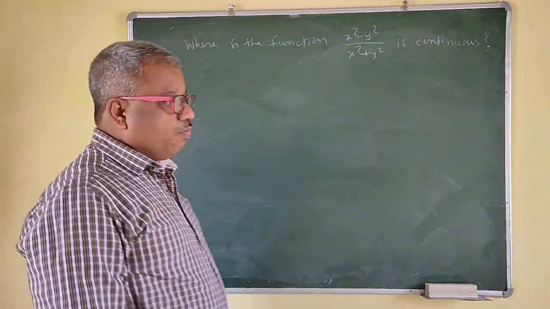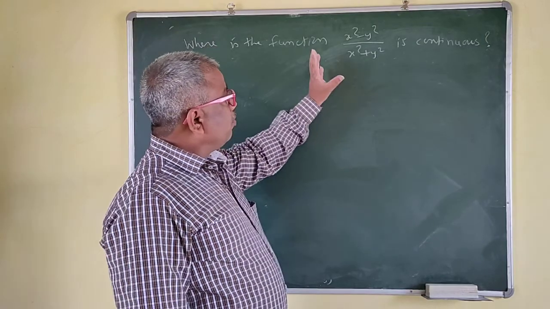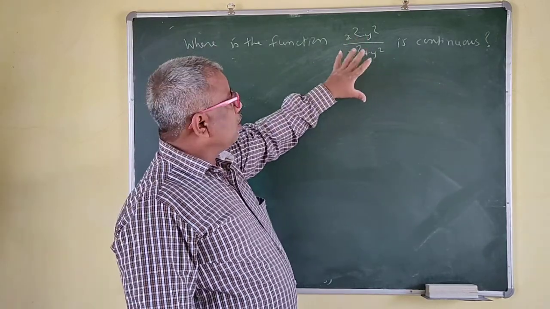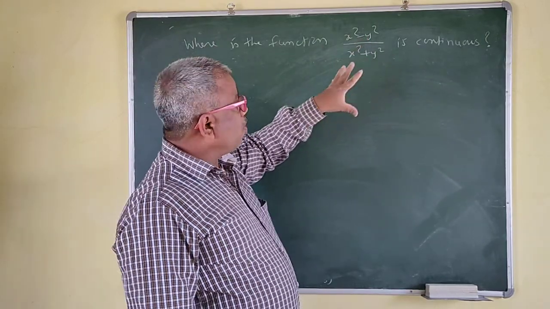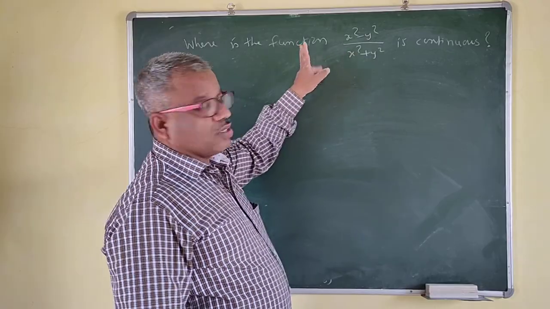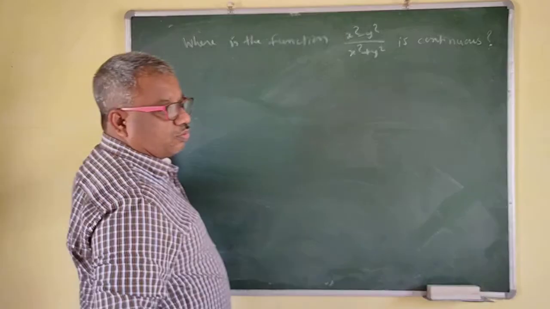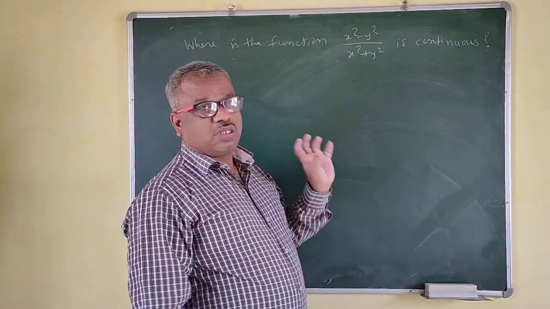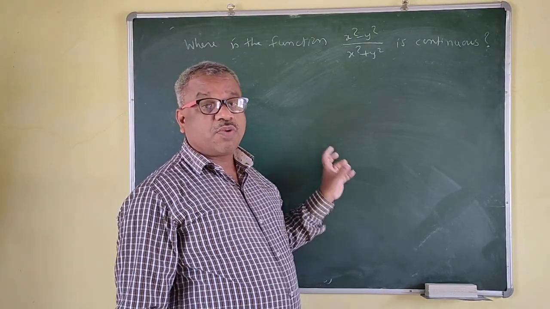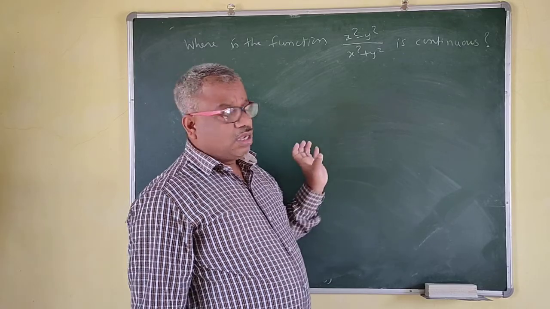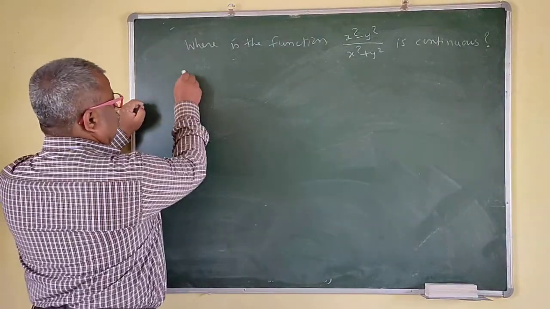Now here it is not given where we have to discuss the continuity, so that means the domain of the function is R2. In the whole R2, at each and every point of R2, you have to discuss the continuity of this function.